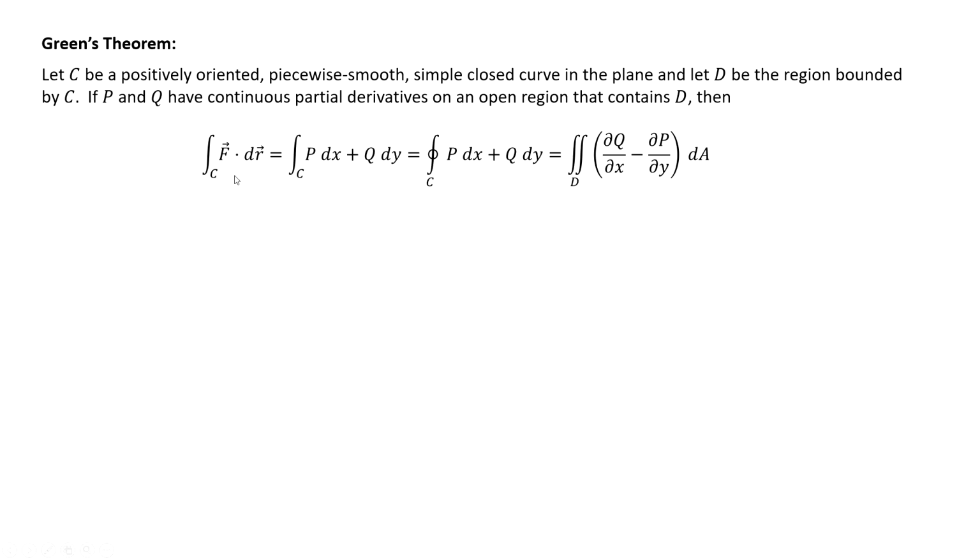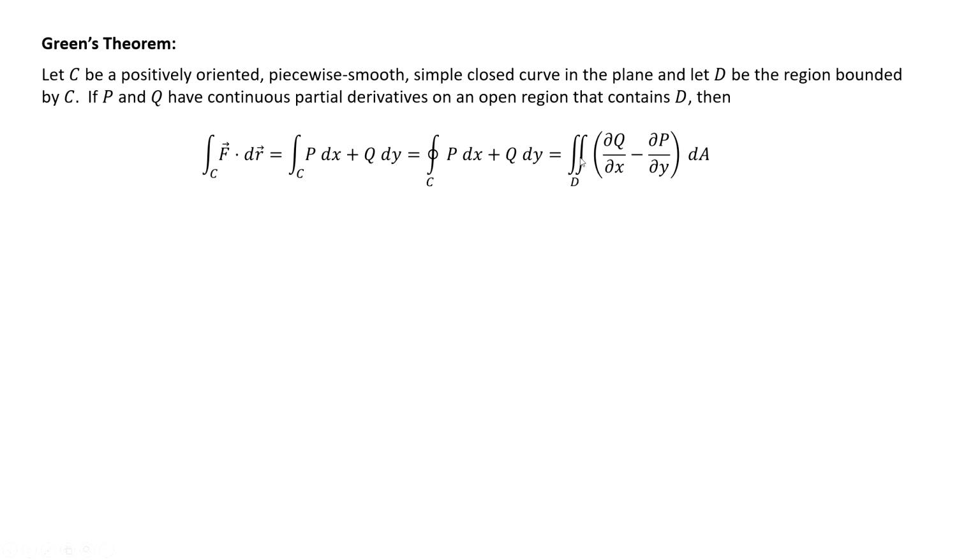Okay, so we have shown that in fact this contour integral F dot dr is nothing but P dx plus Q dy. And we can write this as like this, or because the contour is closed, we can write it as a closed integral like that. Okay, P dx plus Q dy. And here is the money statement.